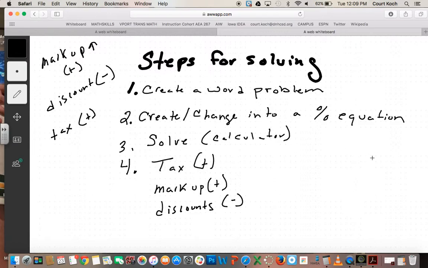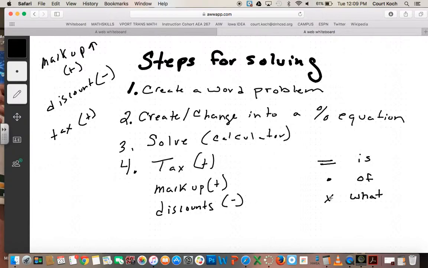Okay, if you can remember that, along with the idea that equal signs are substituted for is, multiplication substituted for of, and X substituted for the word what, you will have no problem with this step.